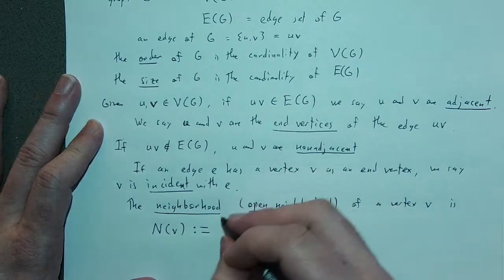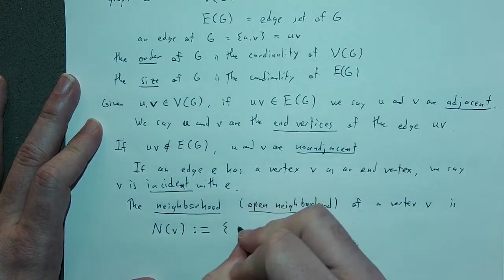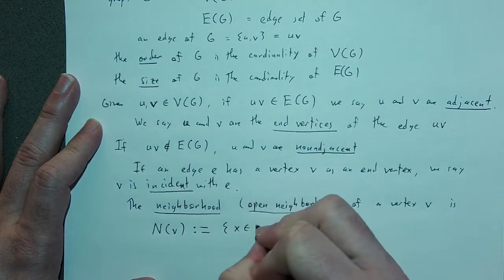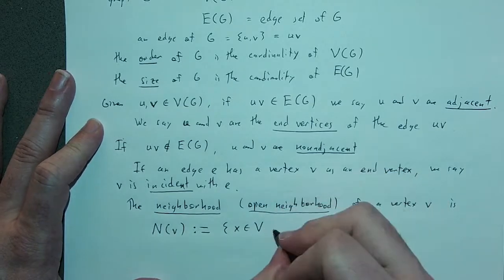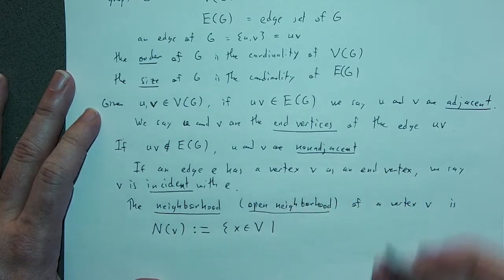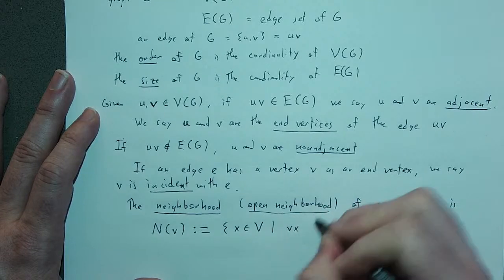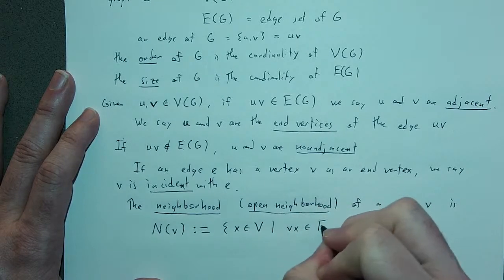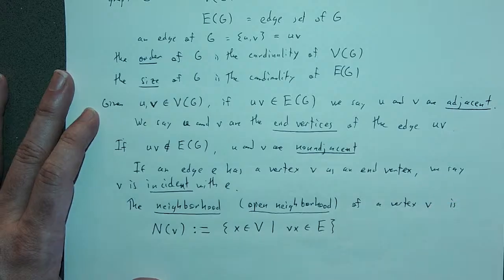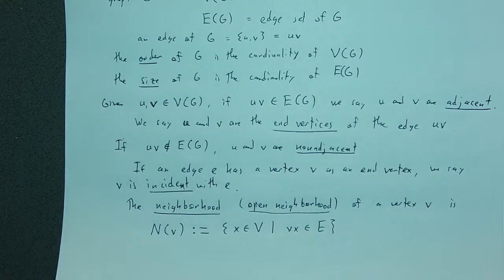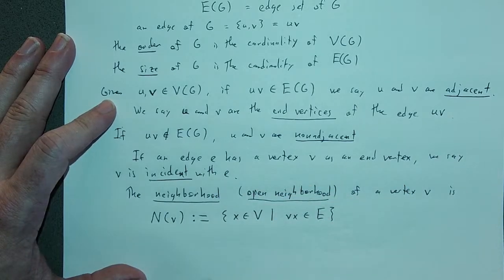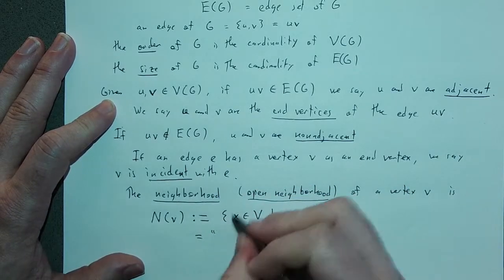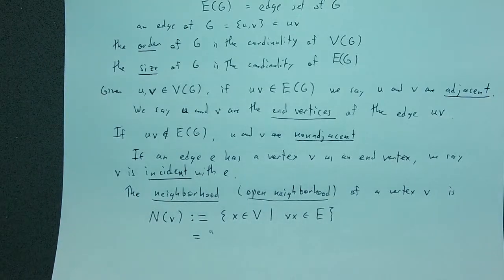So this is the set of all vertices in the vertex set for G such that the edge Vx is in the edge set. What is this in words? Right? So here's the set builder notation for this. What is this? It is the set of all vertices adjacent to V.